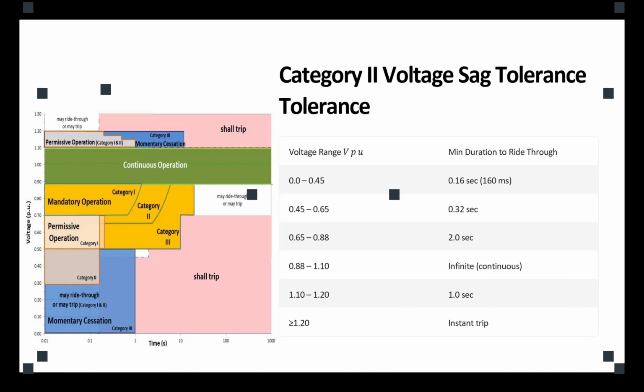Above that 10%, up to 20%, we define it as an incident, but you have to stay connected for at least 1 second. More than 20%, which in the graph you see is 25%, you can trip instantly because it's going to harm your device very harshly.